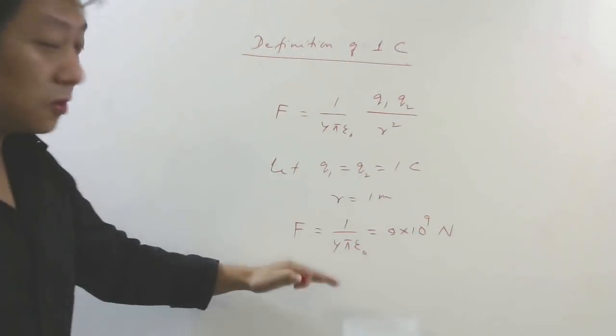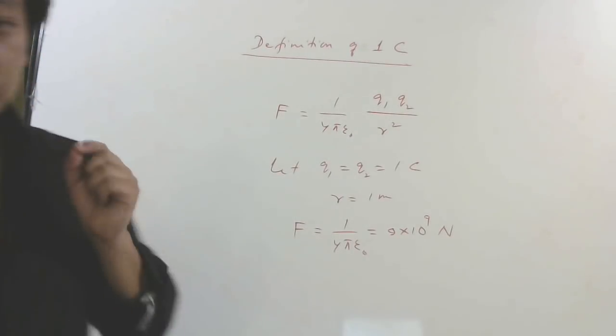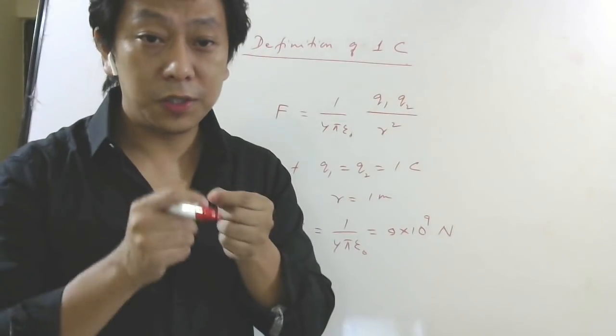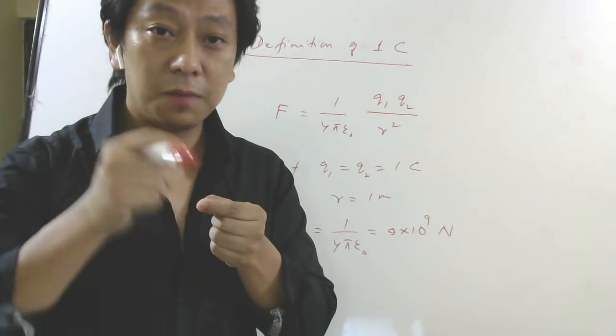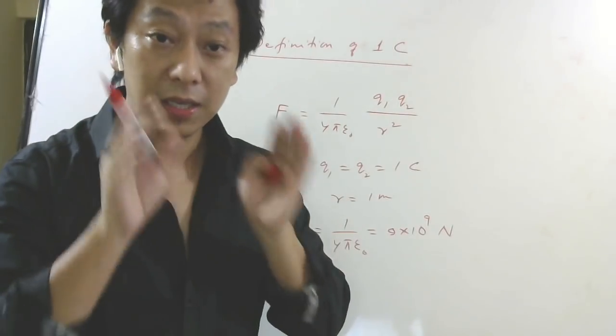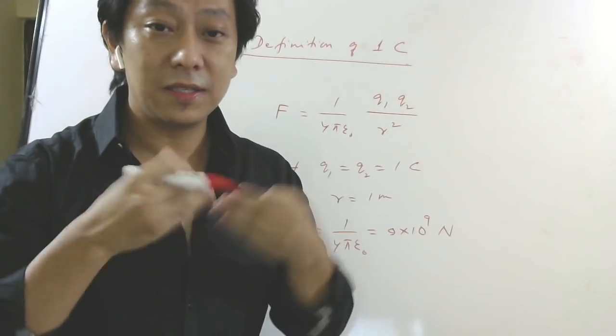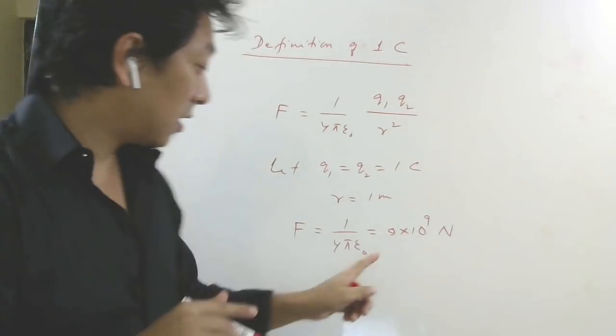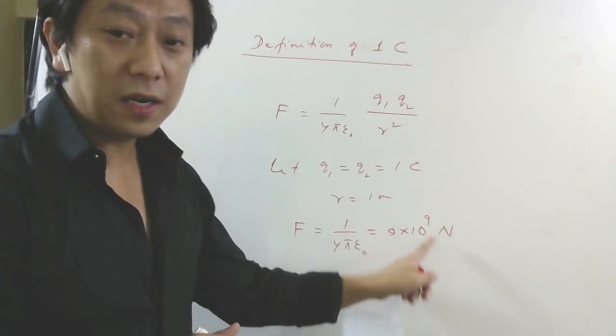So using this, we can define 1 coulomb. What is 1 coulomb? 1 coulomb is that charge which, when separated from another identical charge by 1 meter in vacuum, exerts a force of repulsion whose magnitude is 9 into 10 to the power 9 Newton.